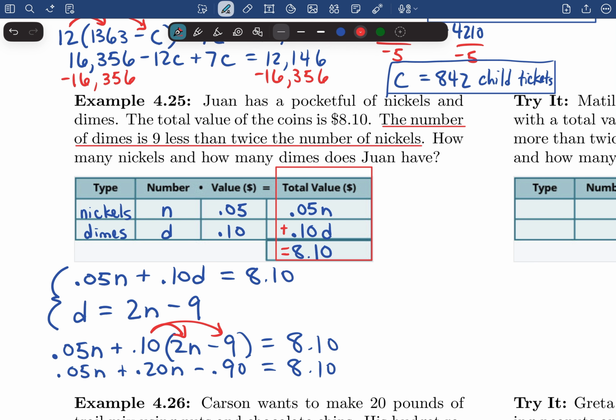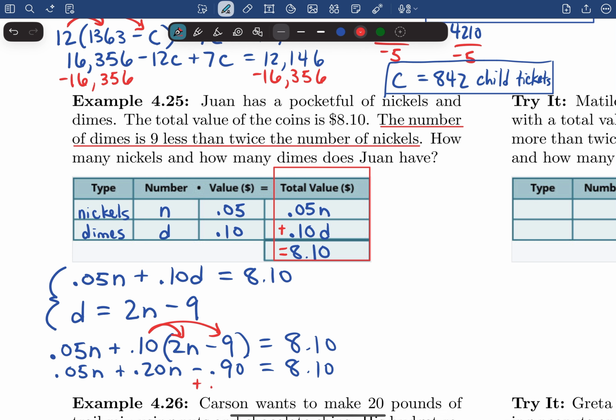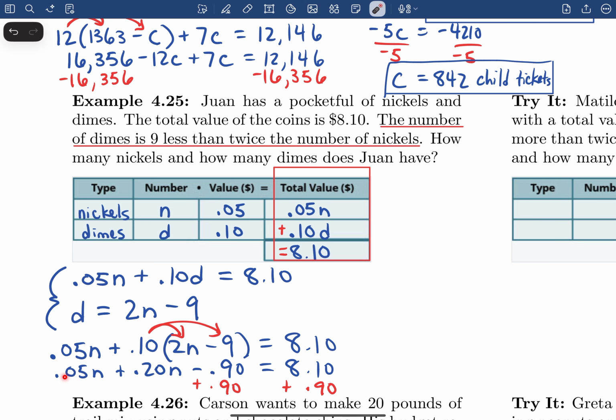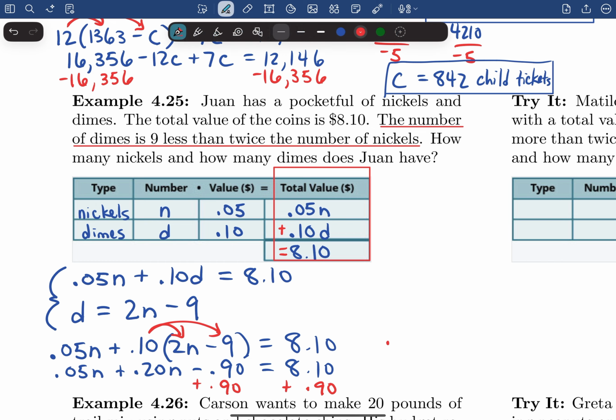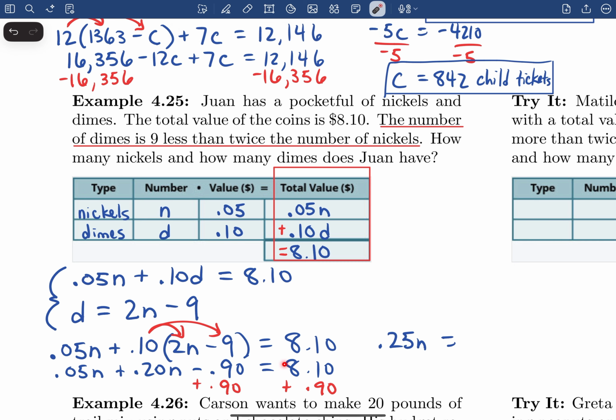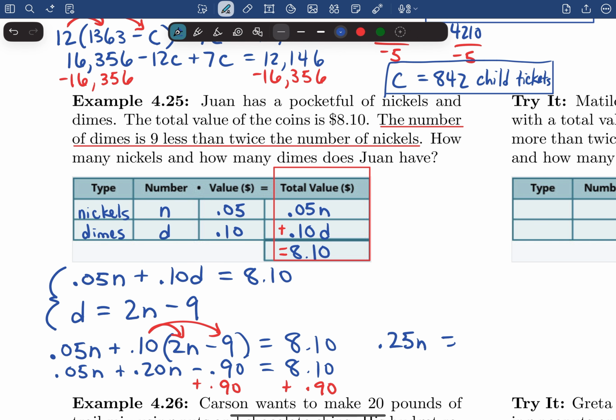And now I'll take the constants and move them all to one side of the equation. So I'm adding 0.90 from left to right. And I will combine these two terms within n, and 0.05n plus 0.20n is 0.25n. So I'll write that here. 0.25n is equal to, well, 8.1 plus 0.9, which gives me 9.0.